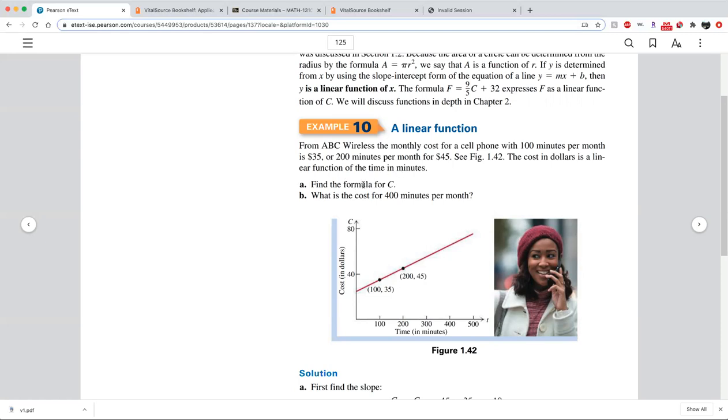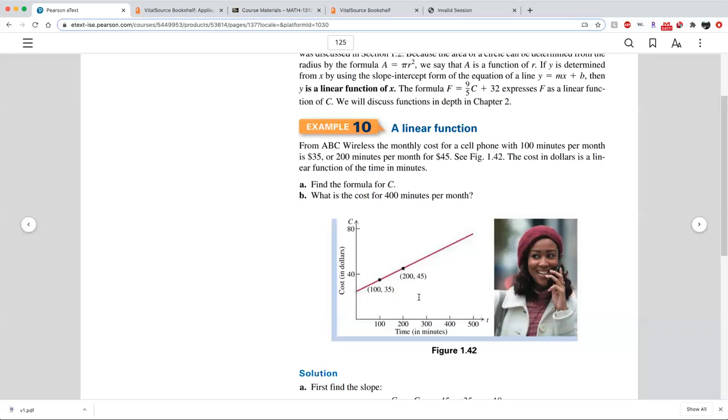So find the formula for C. Pretty much we can say find the equation of the line given 2 points, 100, 35 and 200, 45, right? So we did that. We practiced how to find the equation of a line if 2 points are given, right?